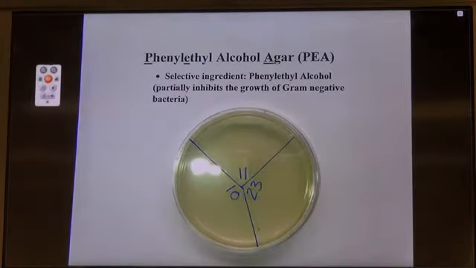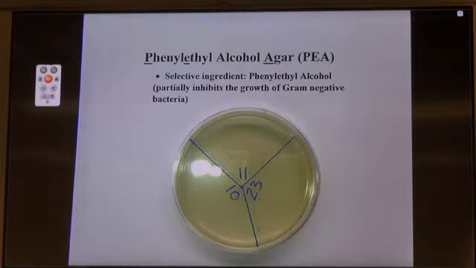It is the opposite of the eosin methylene blue plate, a medium. Eosin methylene blue partially stops what? Gram positive. This medium partially stops gram negative.